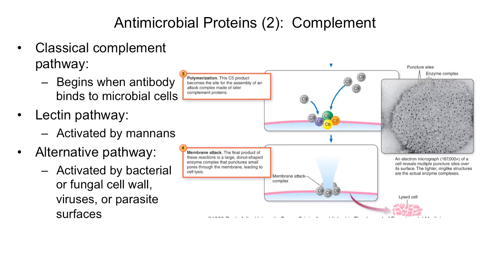C9 is going to make pores on the membrane, creating the membrane attack complex. And the membrane attack complex, as you can see in this picture to the right, creates hundreds of holes on the membrane of the target cells, which now cannot prevent everything inside the cell from leaking to the outside. And therefore the cell then gets lysed and killed.